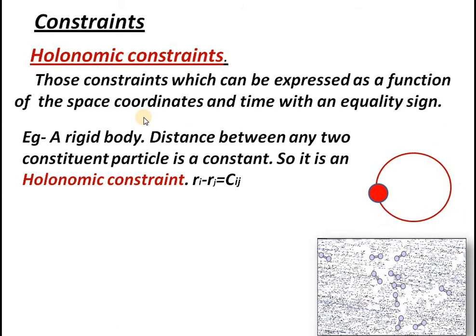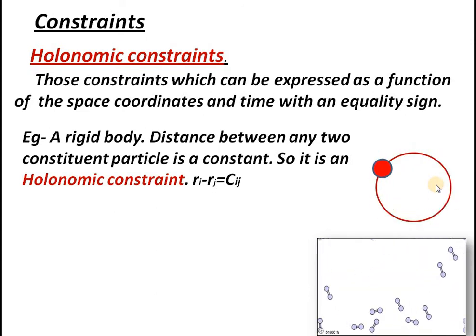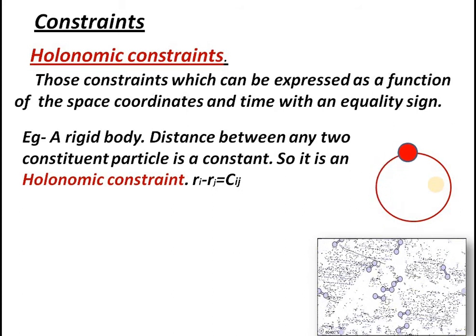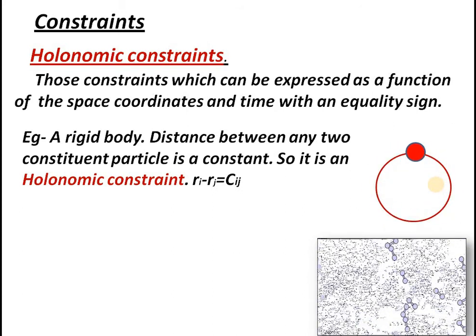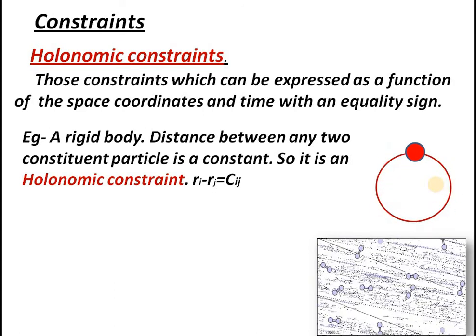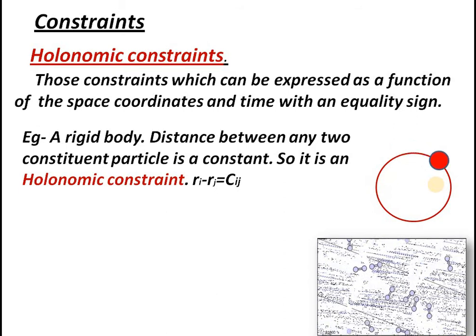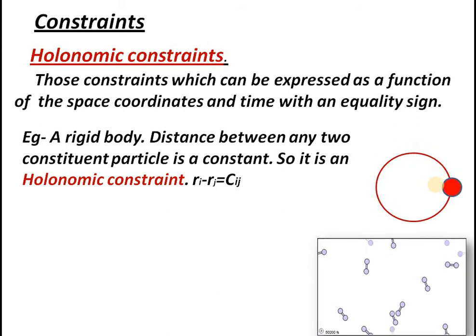Here we used the equality sign, r equal to a constant. So any constraint that you express in mathematical form, and if it contains an equality sign, then you can call it a holonomic constraint.